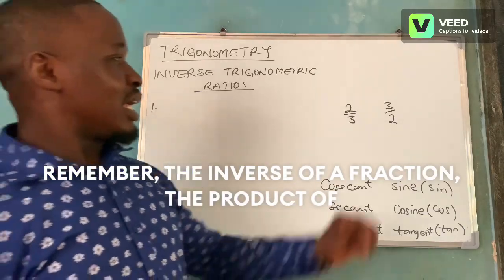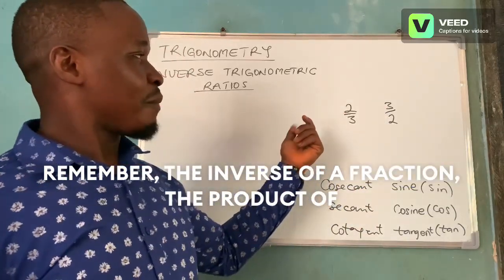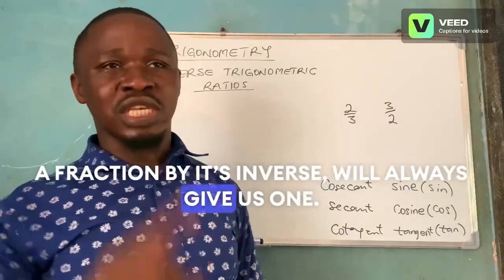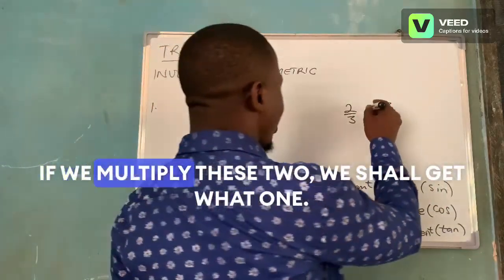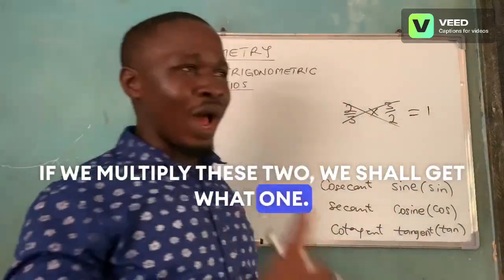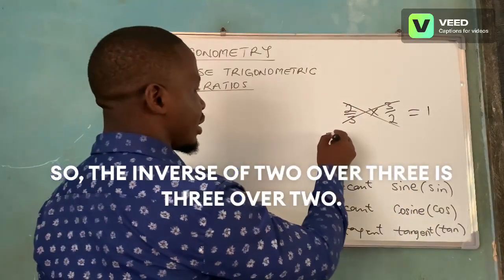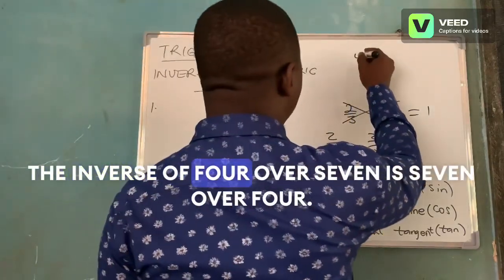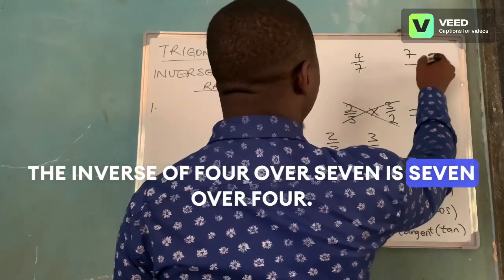Remember, the product of a fraction by its inverse will always give us 1. If we multiply these two, we shall get 1. So the inverse of 2 over 3 is 3 over 2. The inverse of 4 over 7 is 7 over 4.